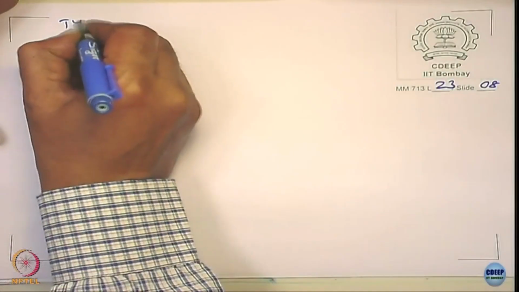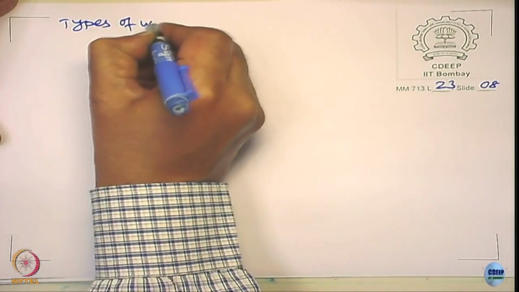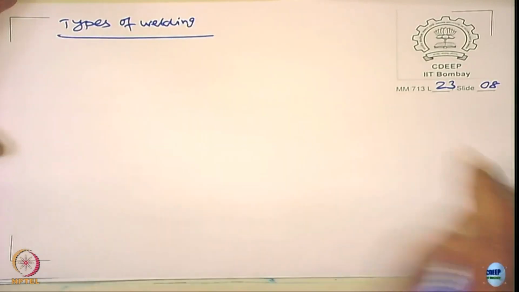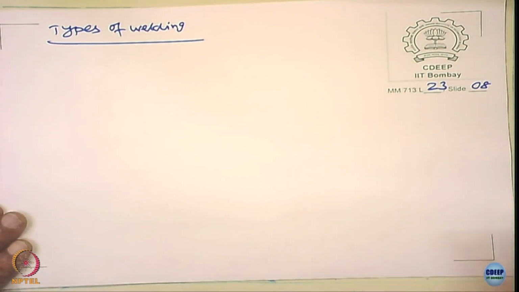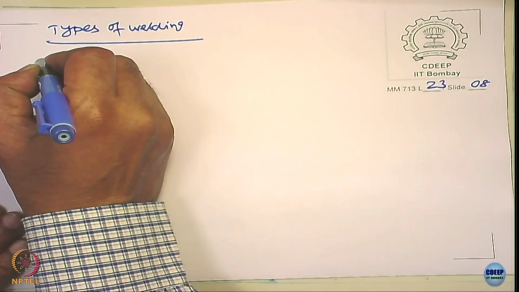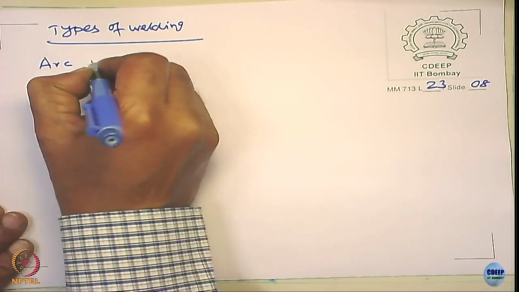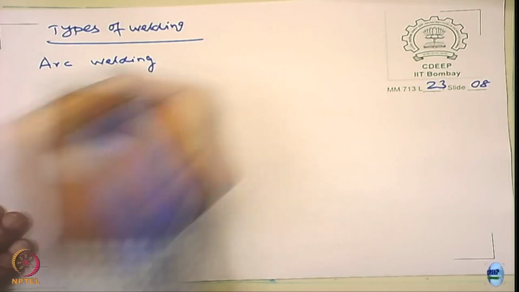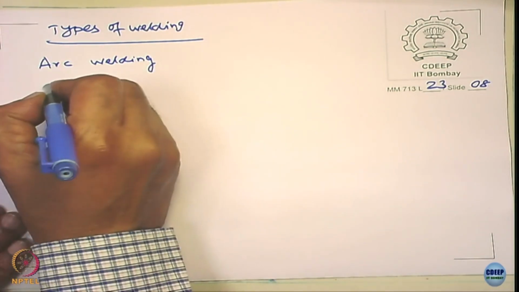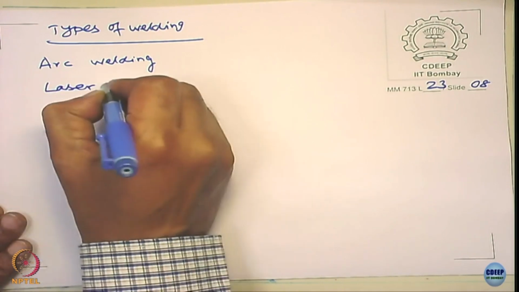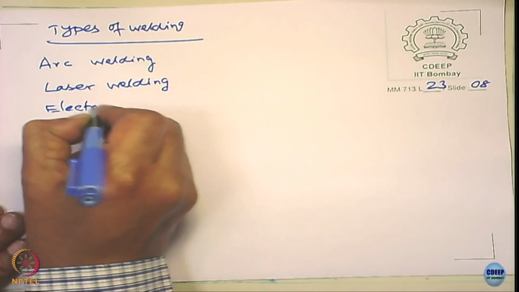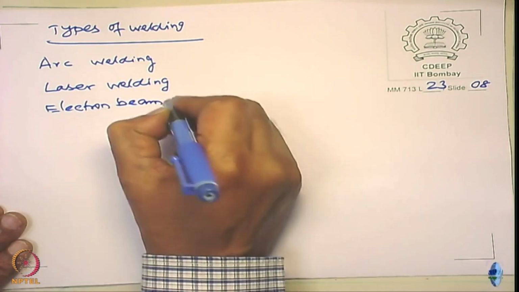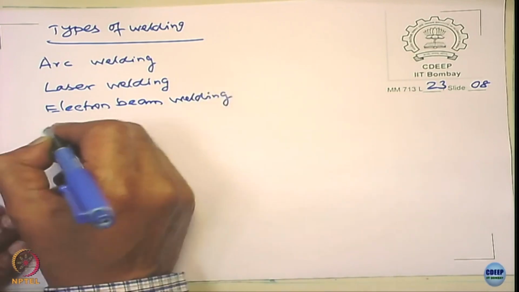Now let us take the cases of types of welding. I am going to look at types of welding: we can look at arc welding, laser welding, electron beam welding, and gas welding.